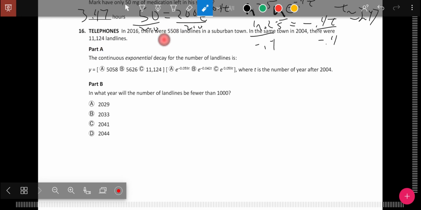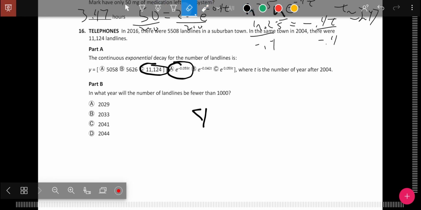Well, 2004 comes before 2016, and so this is the initial amount. And it's decay, so I know it has to be one of these ones with a negative. And then they're both 0.059, so they're trying to distract you with that. So right now, winner, winner, chicken dinner right there. And so that is my equation.